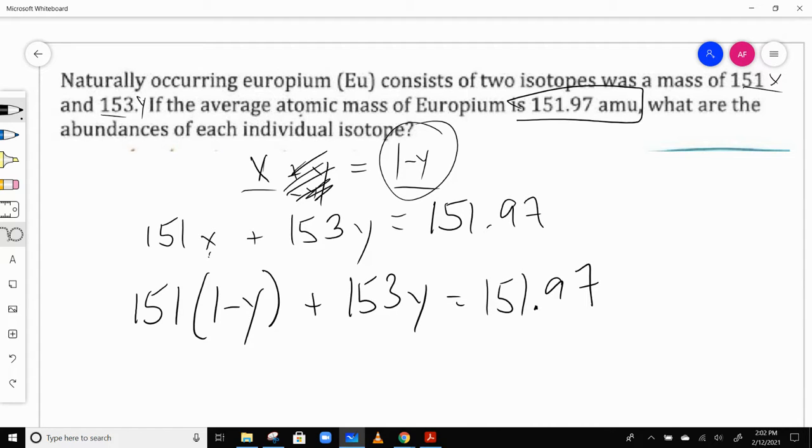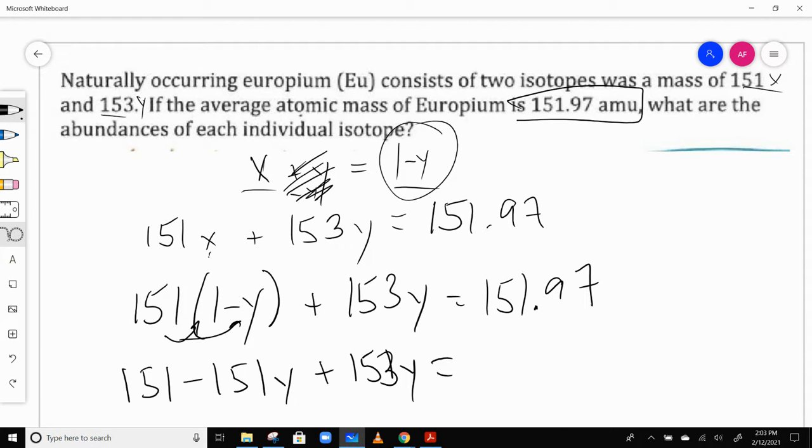And we're going to solve for Y here. Distribute. So 151 minus 151Y plus 153Y equals 151.97.